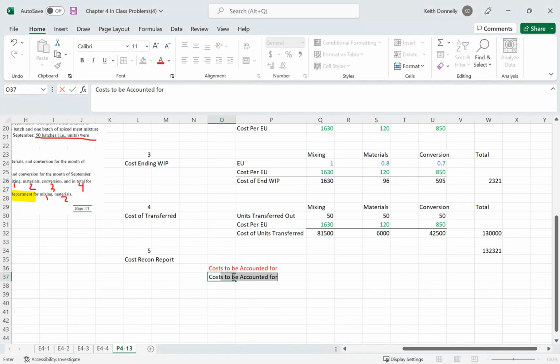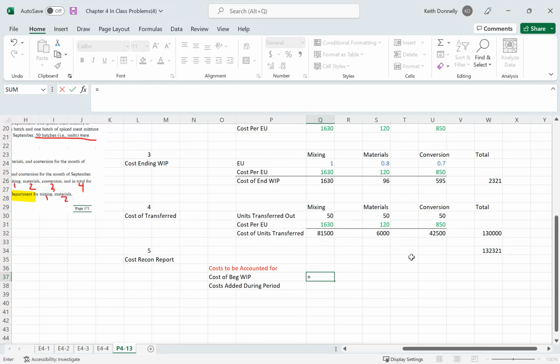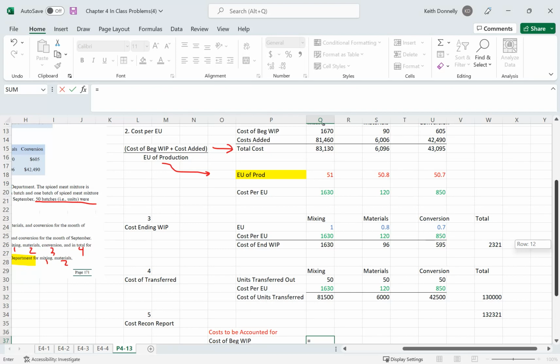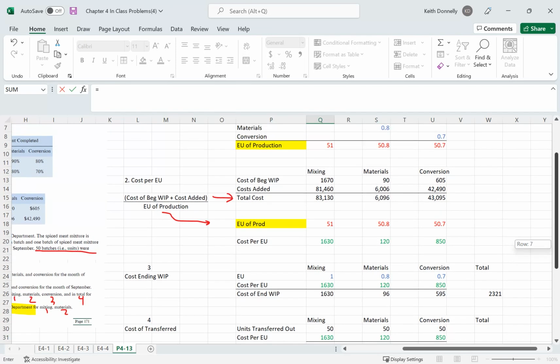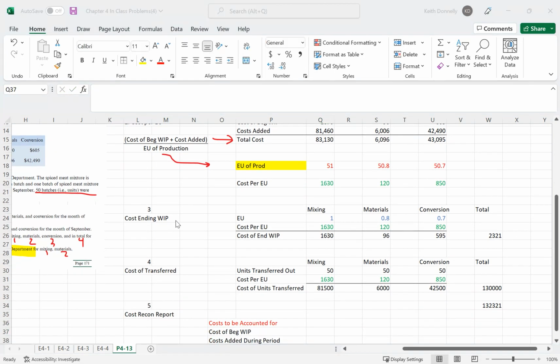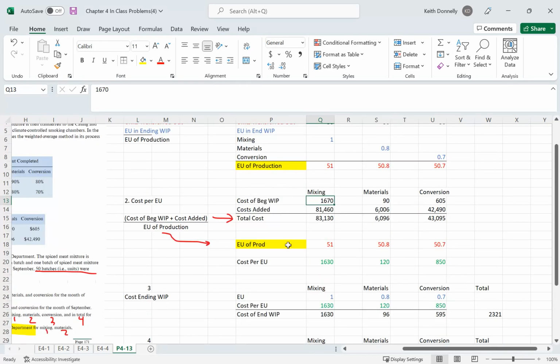So this is going to be the cost of our beginning WIP, and we have our costs added during the period. So the cost of our beginning WIP is going to equal, if we go up here, there's the beginning WIP, I was hunting for that.